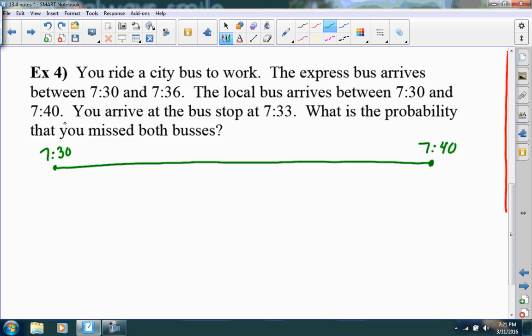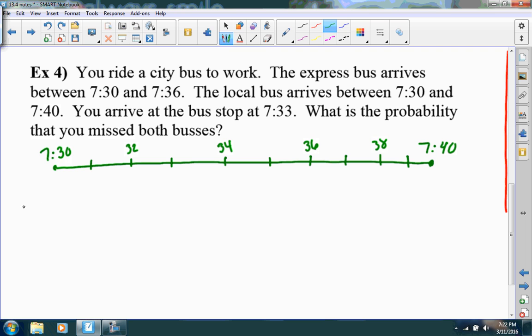So the most I'm going to be there is between 7:30 to 7:40. So I'm going to have my 10 minutes in here. 31, 32, 33, 34, 35, 36, 37, 38, 39, and 40. So let me just label these a little bit. That'll be 7:32, 34, 36, and 38. Okay, so those are my 10 minutes on my timeline here.